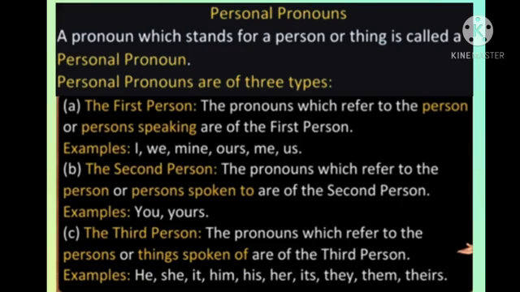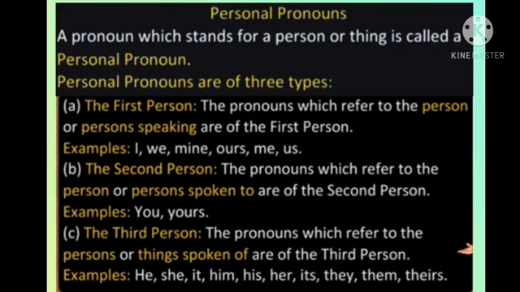Then I am saying about Reena to Deepika. I am saying she is such a good girl. So there I am saying about another girl to Deepika. So these are coming under the third person and these are the words he, she, it, him, his, her, its, they, them and theirs. All these are coming under the third person.